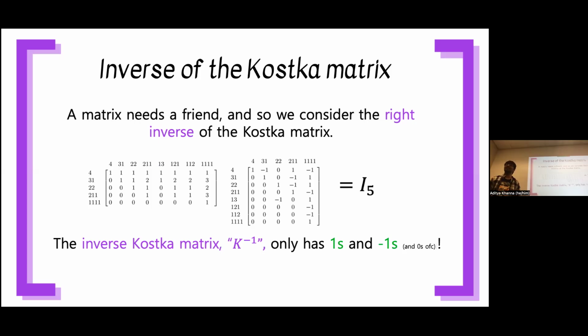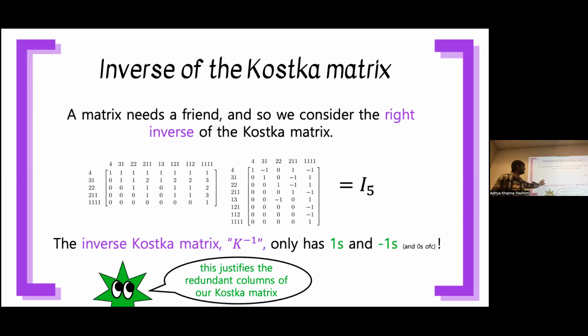Why? We'll see. But this is good because if you saw the Kostka matrix, you could clearly riot and say, why is there so much redundancy in this? Right? This is 2, 1, 1, 1, 2, 1, 1, 1, 2. These columns are the same. Why don't I just get rid of them?